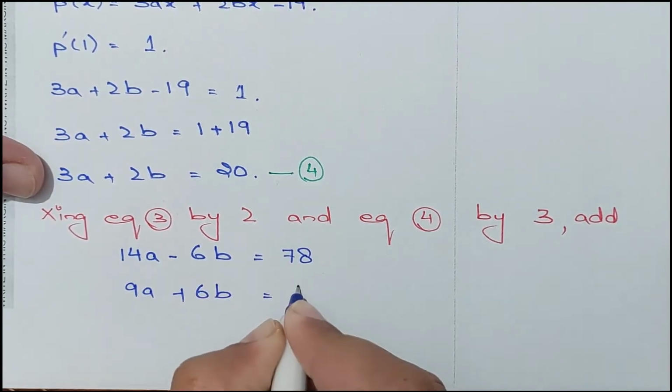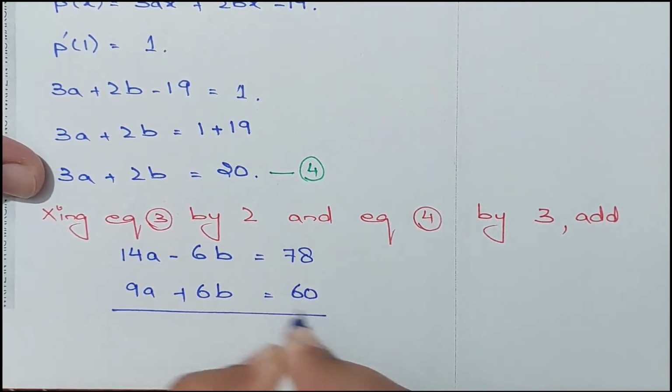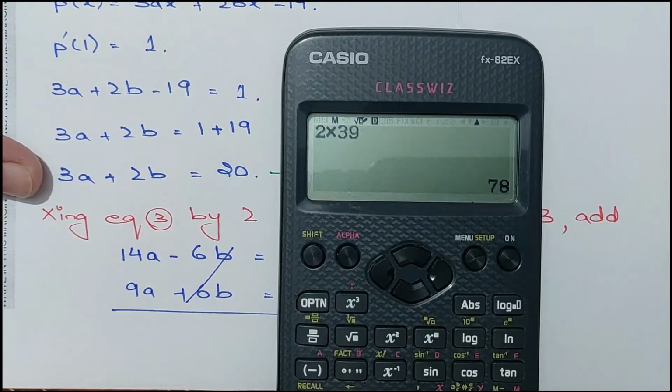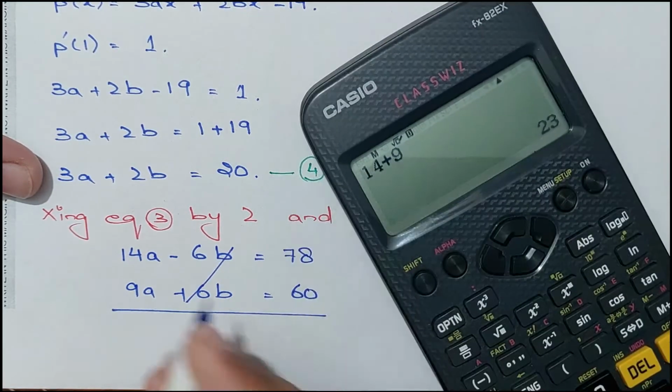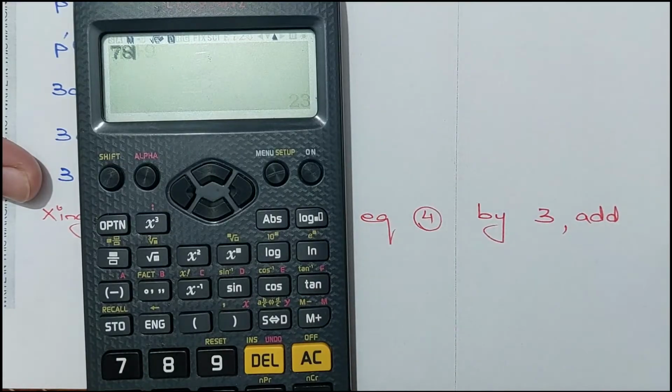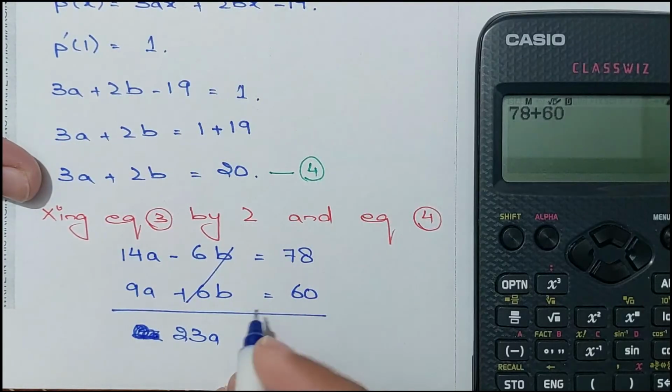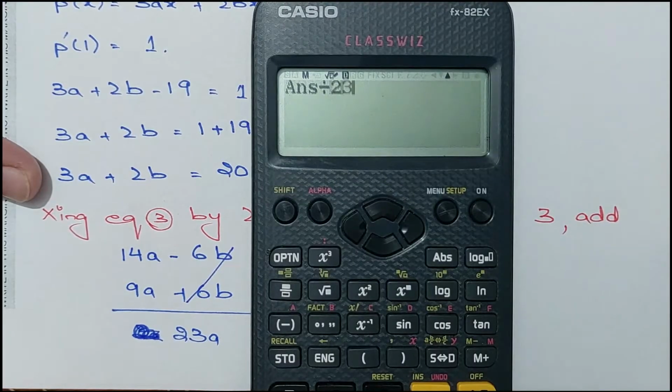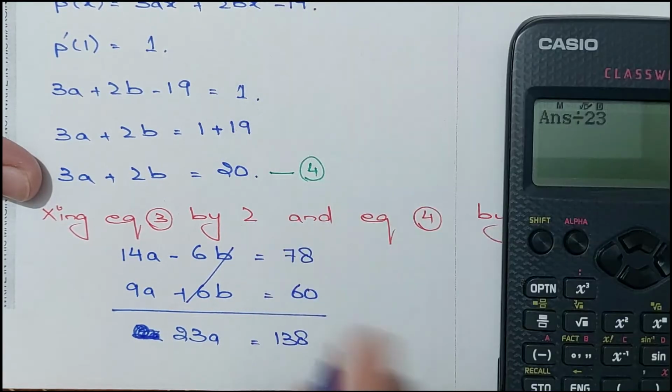And 3 times 20 is 60. Add them up. This cancels out. Let me solve for a. 14 plus 9 is 23a. 78 and 60, this is 138. 138 divided by 23. A value is 6. A equals 6.